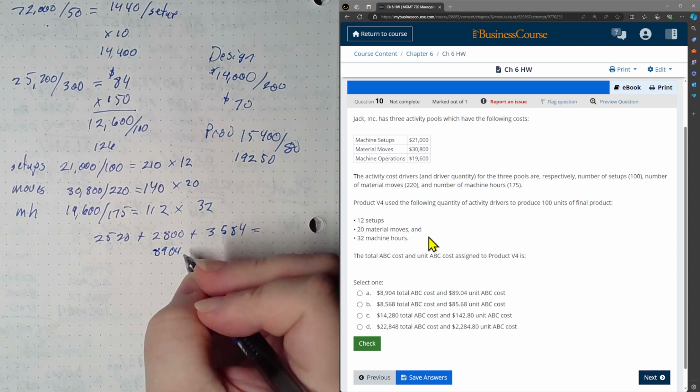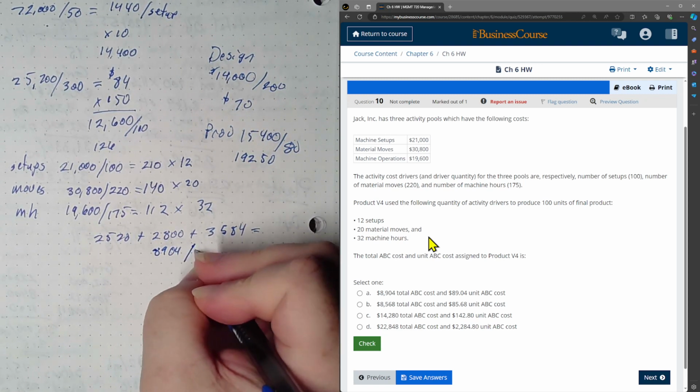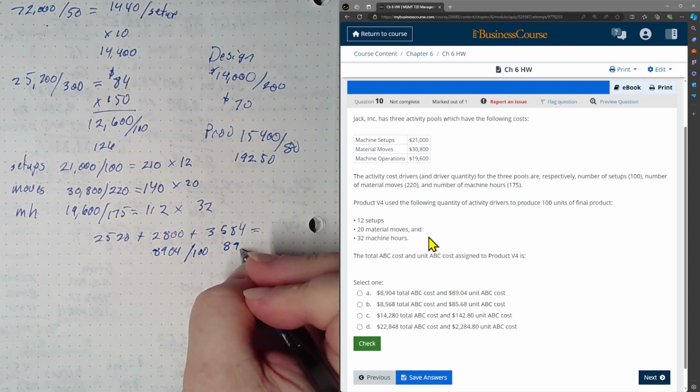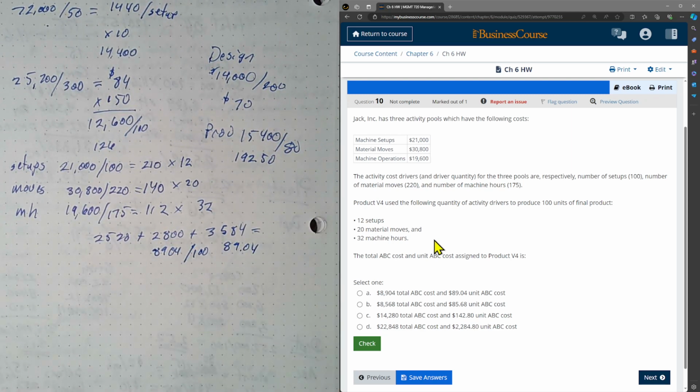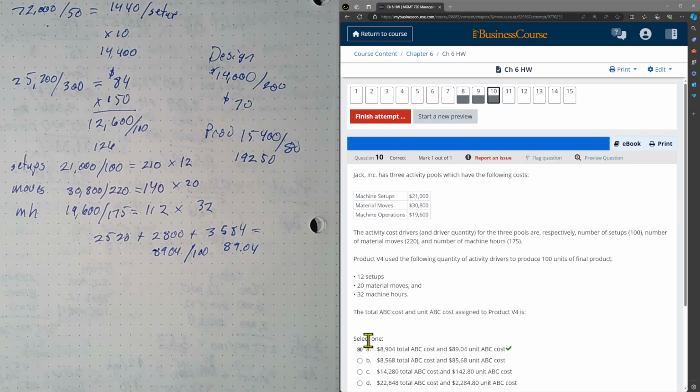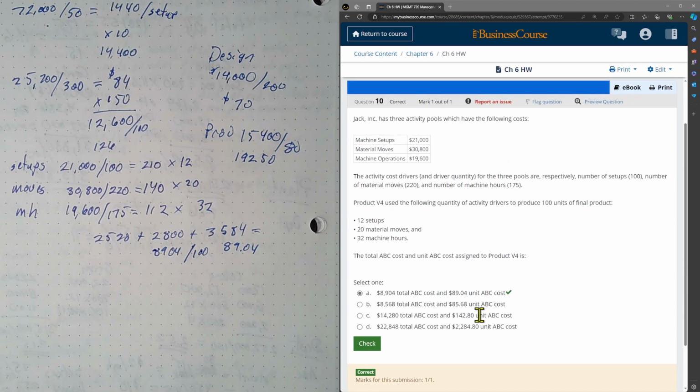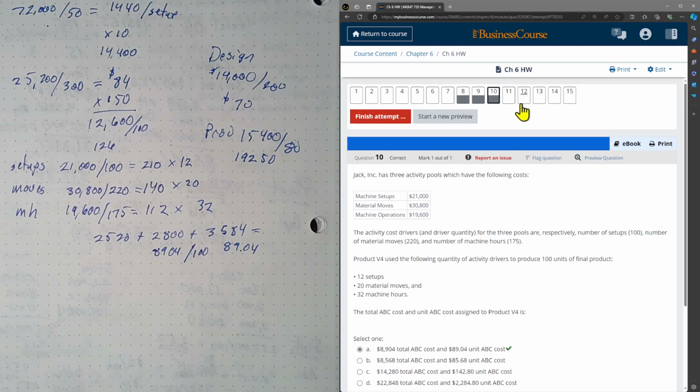And that is for 100 units. So 89.04 per unit. Oh, I guess they want both of them. They want the total cost and per unit, which is the same number, just divided. Okay, so that was correct. Let's move on to number 11.